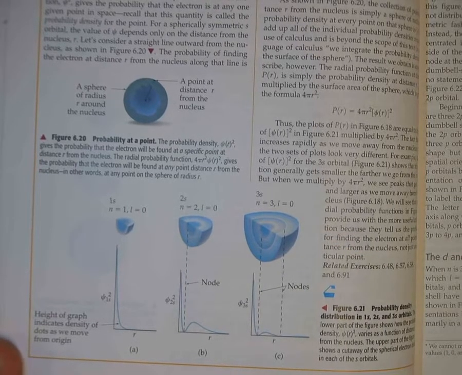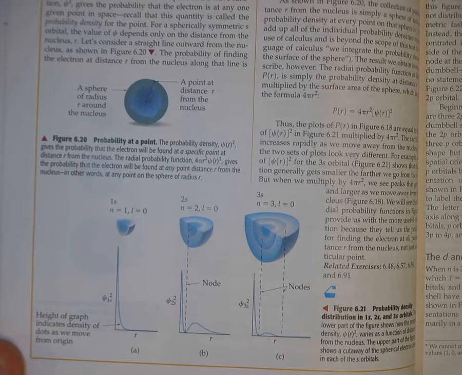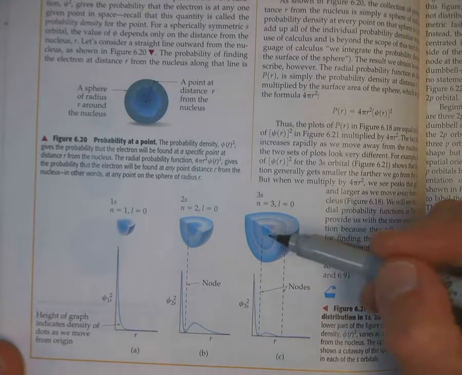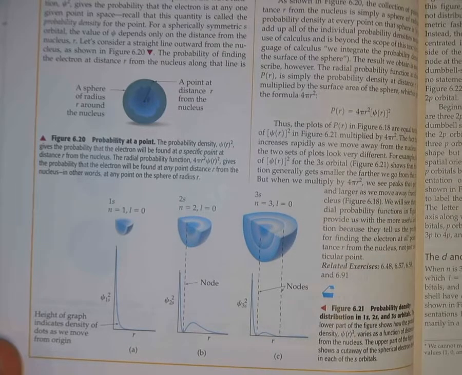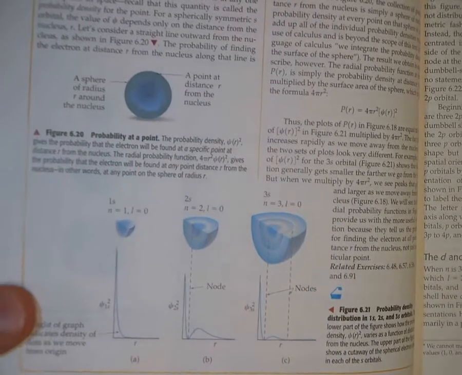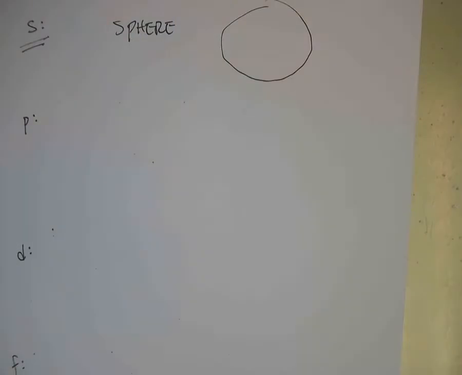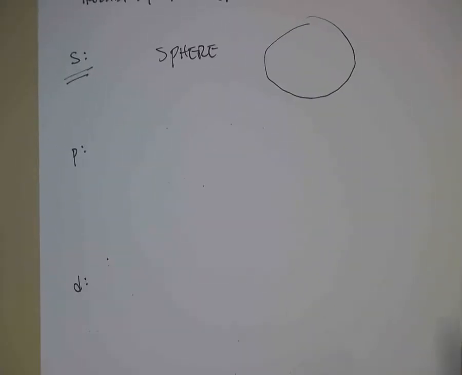These are areas where electrons would for sure probably not be. Everywhere else they could be, and where it's the darkest blue, that's where the electrons most likely are. They have like a 90% chance of being in that area. So s orbitals are spheres, and they're a probability zone of where electrons most likely are.